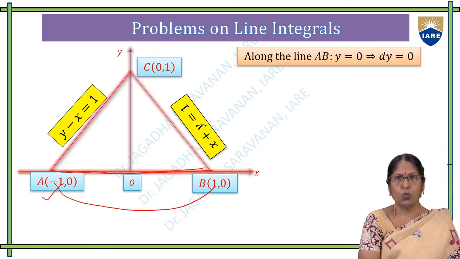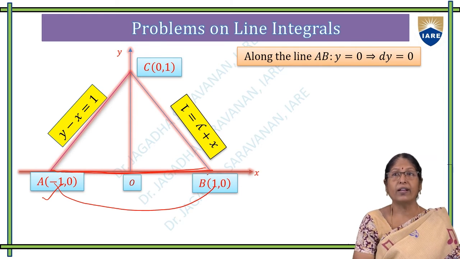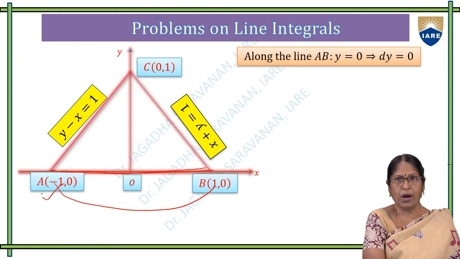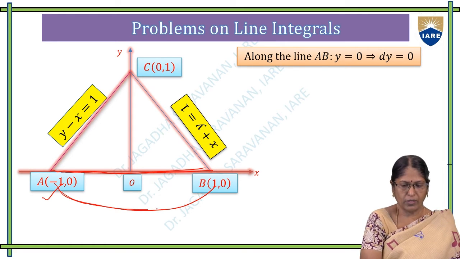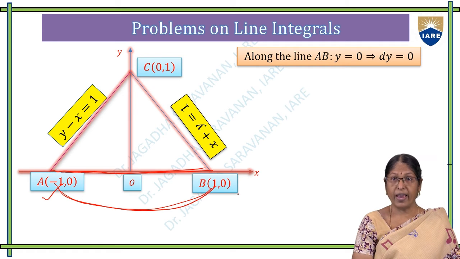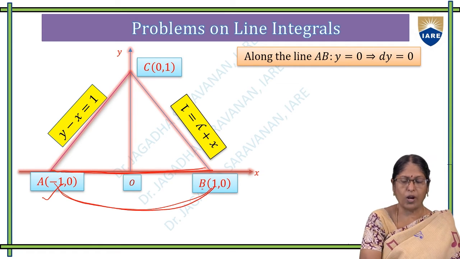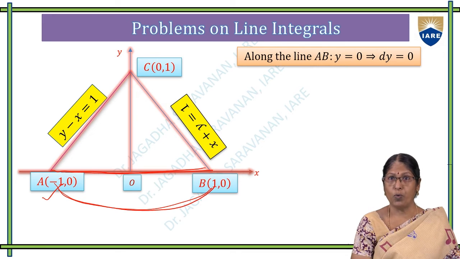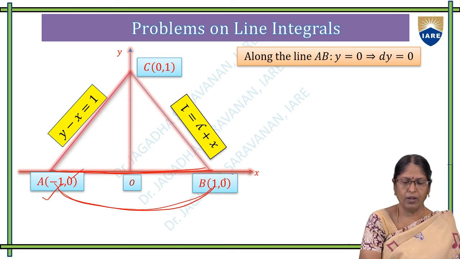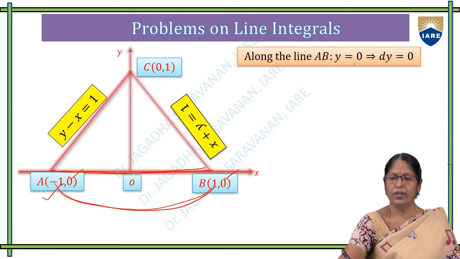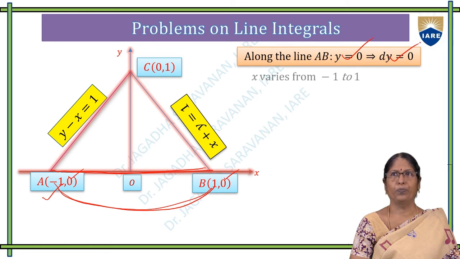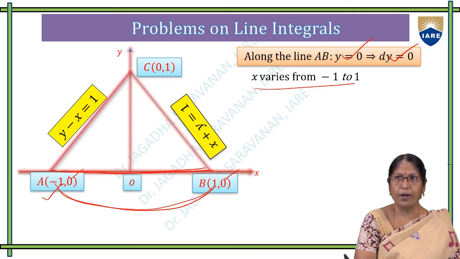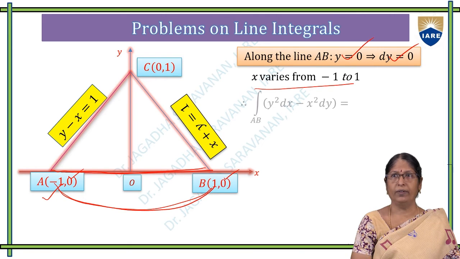From minus 1 to 1 we are moving in the x direction, from A to B. So we evaluate the integral with x varying from minus 1 to 1. Then what about y? y equals 0, that is what is written, so dy is also 0.